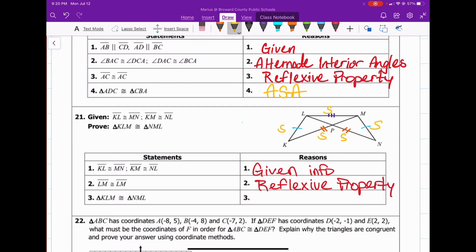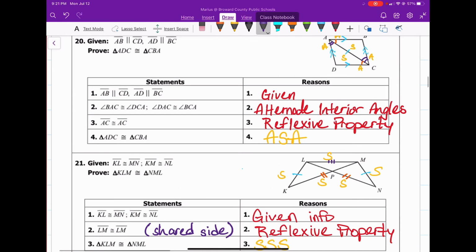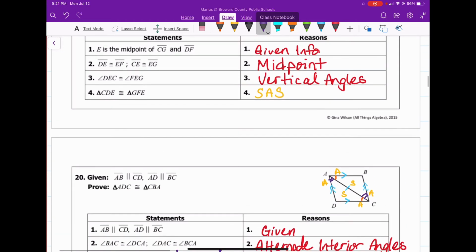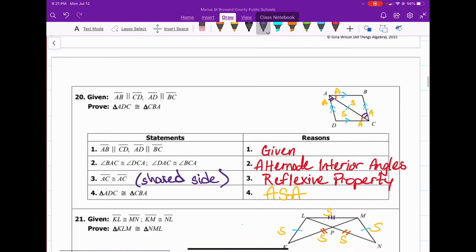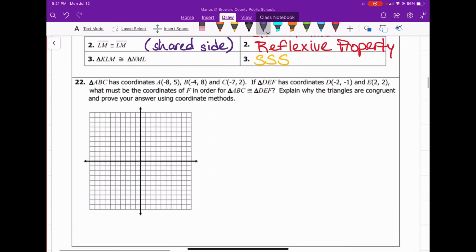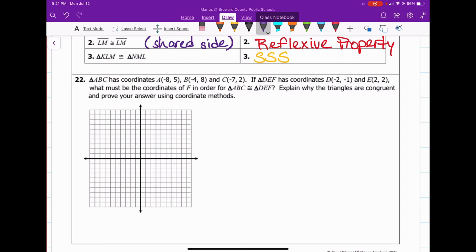And also for number 2, remember we can put that these are a shared side. And even back for number 20, once again, this was a shared side. Okay, I don't know if we had that anywhere else. No. All right. Now the last one, number 22, and that'll conclude part 2 of our lesson.